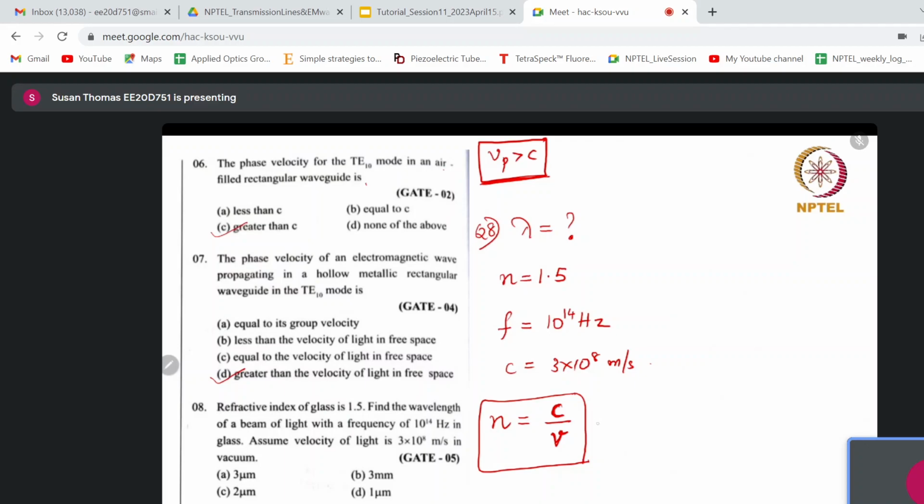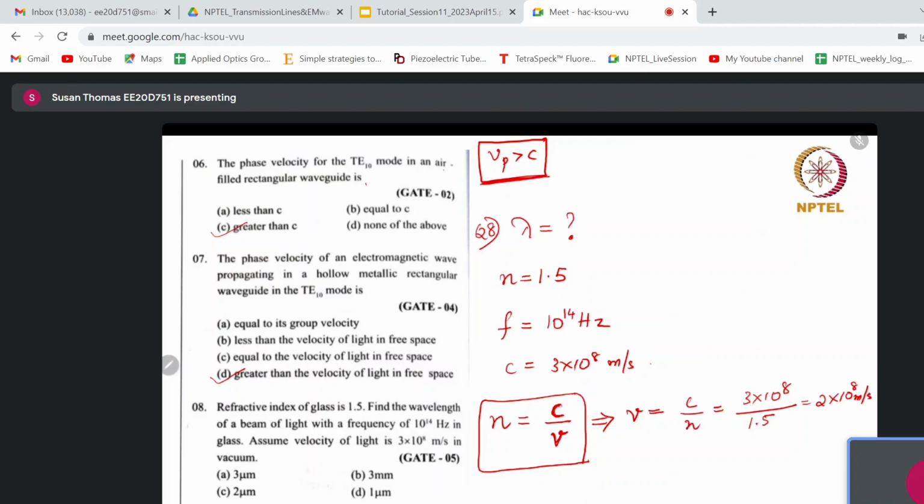Now from this we can find v. V is equal to c by n. Here you have 3 into 10 power 8 divided by n value is 1.5. So this will be 2 into 10 power 8 meter per second.